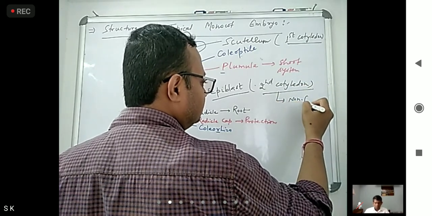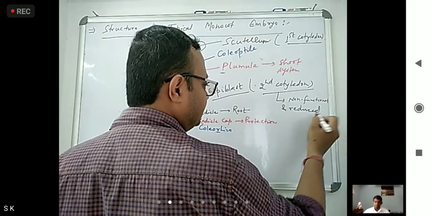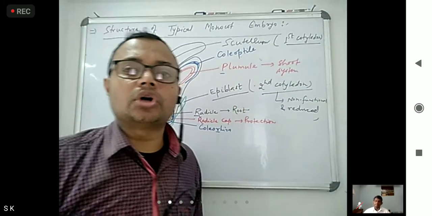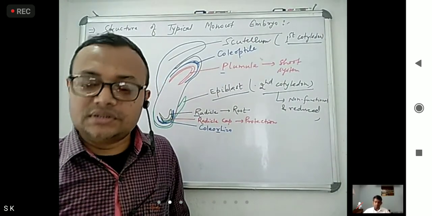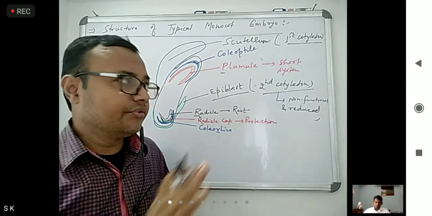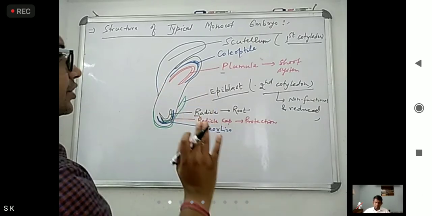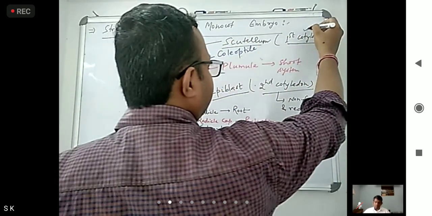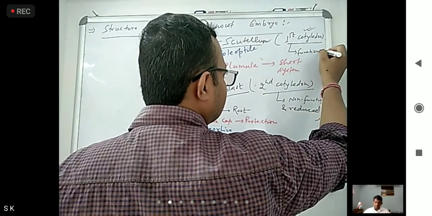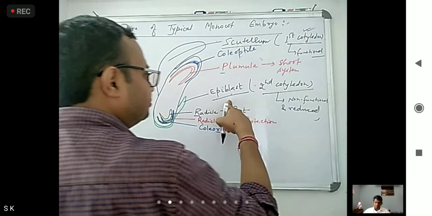Since the other cotyledon is reduced or non-functional, it is known as monocotyledon, meaning only one functional cotyledon. In the structure of a typical monocot embryo, scutellum is the only functional cotyledon, and the other reduced, non-functional cotyledon is epiblast.